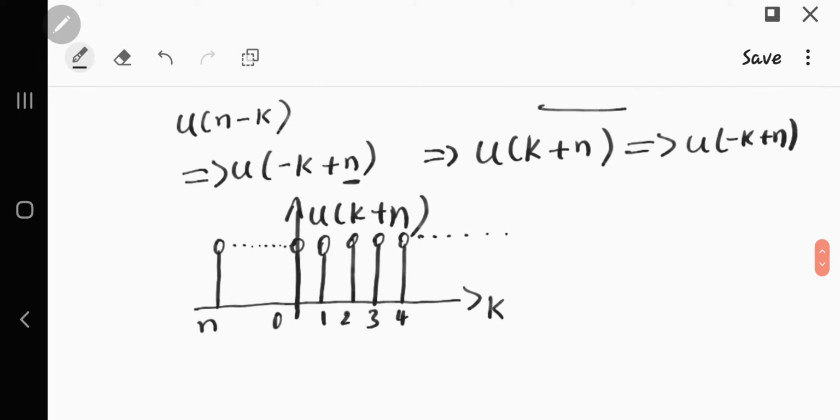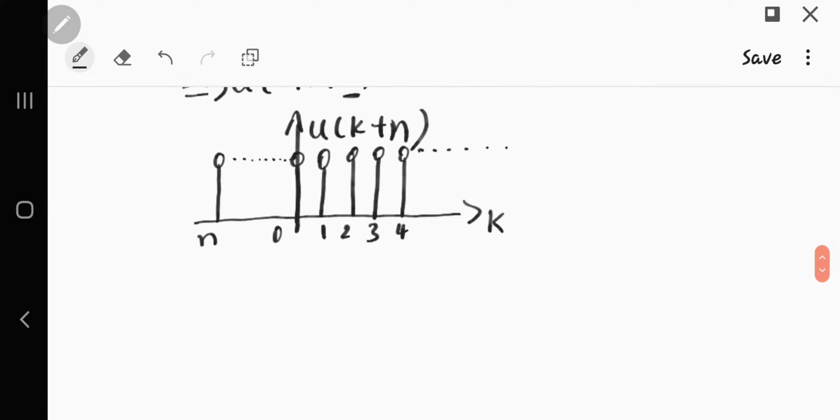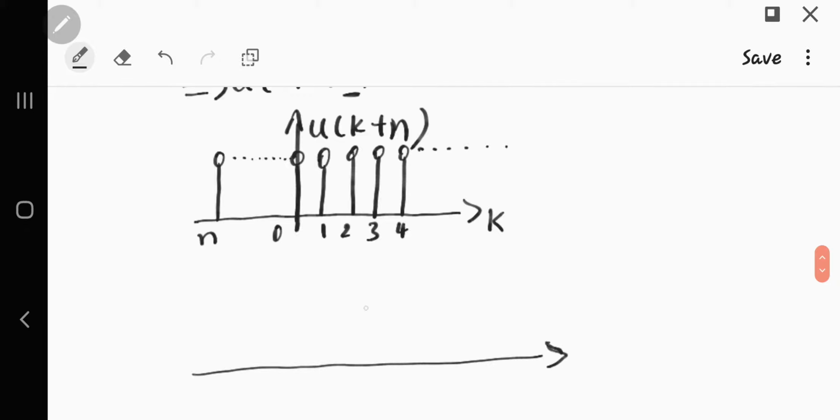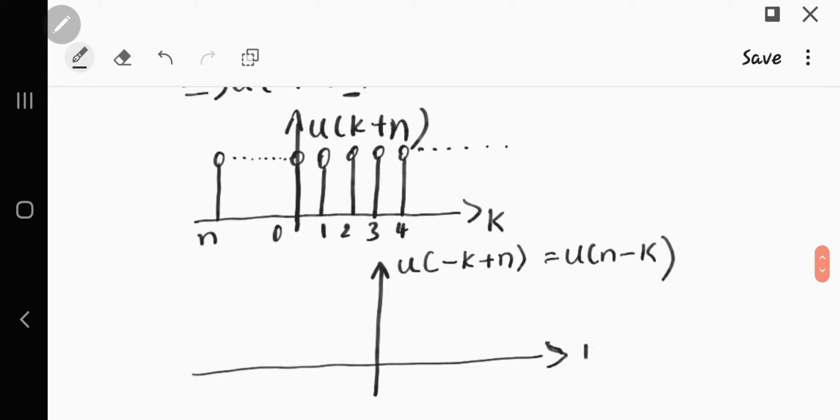Next, we have to take the time reversal version of this to get u[minus k plus n], which is nothing but u[n minus k]. So let's do that. If you take the time reversal version of this, so this is u[minus k plus n], which is nothing but u[n minus k].